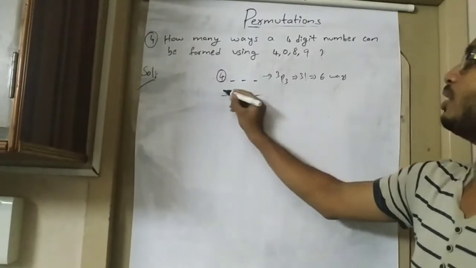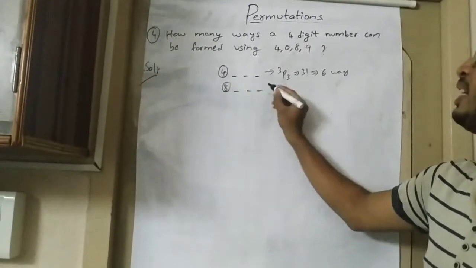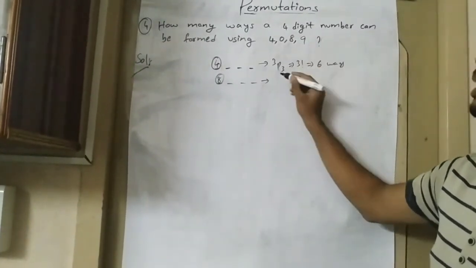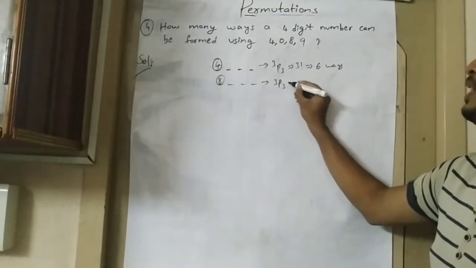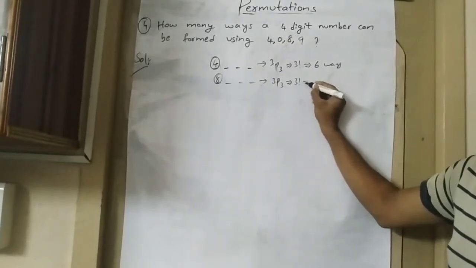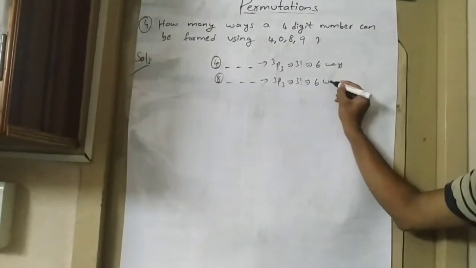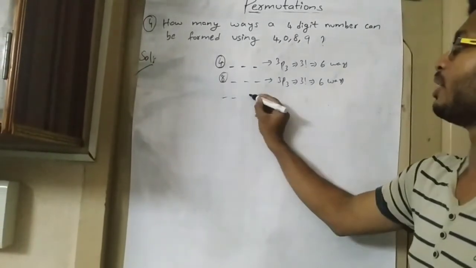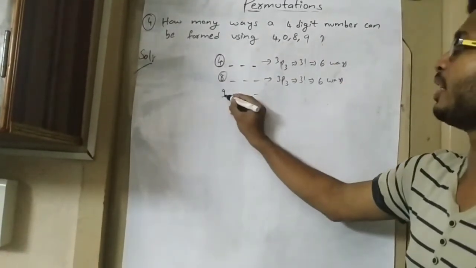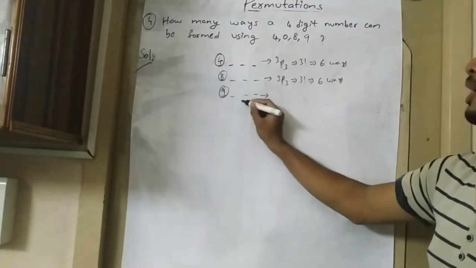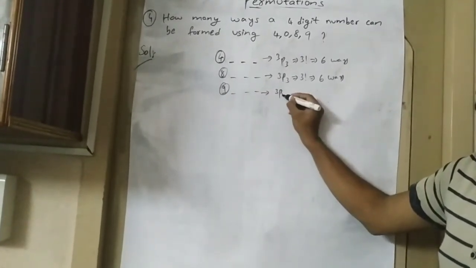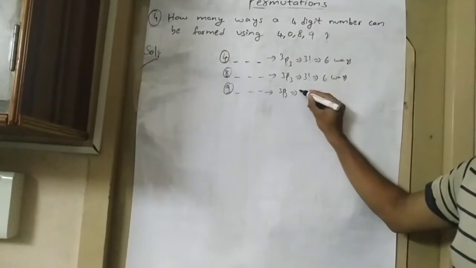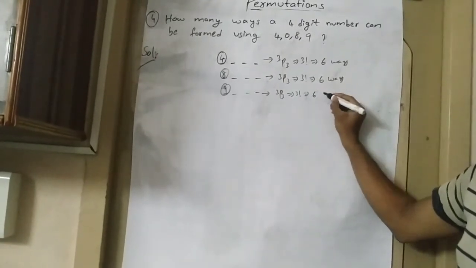Similarly, fix 8. If we fix 8, then the remaining numbers can be arranged in 3P3 ways. That is 3 factorial, which is again 6 ways. And if we fix 9 here, then the remaining numbers can be arranged in 3P3 ways, again 3 factorial, that is 6 ways.